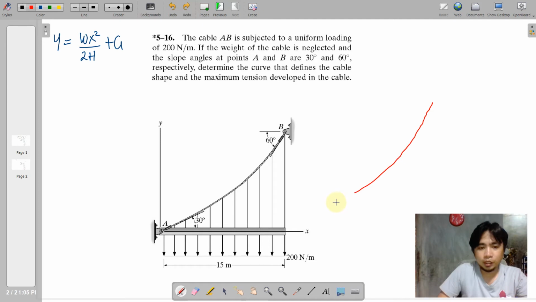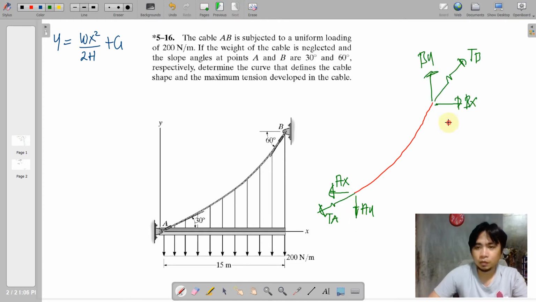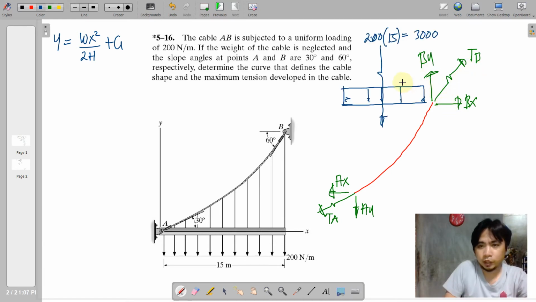Just the same, we will rely on the free body diagram where there will be Ax and Ay here that will yield the tension at A, and Bx and By that will also yield the tension at B, recognizing also the resultant of this distributed load, which is 3000 from the product of 200 times its distance, 15.